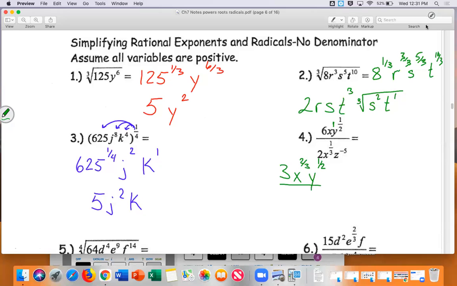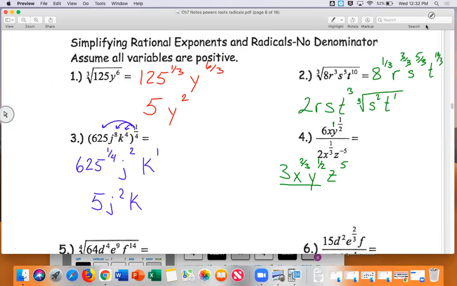You okay? Yeah. Now, z to the -5th. If you recall, when it has a negative exponent, it's not where it belongs. So z to the -5th, it's not where it's supposed to be. It's down in the denominator, so it needs to go to the numerator. So there we have it.